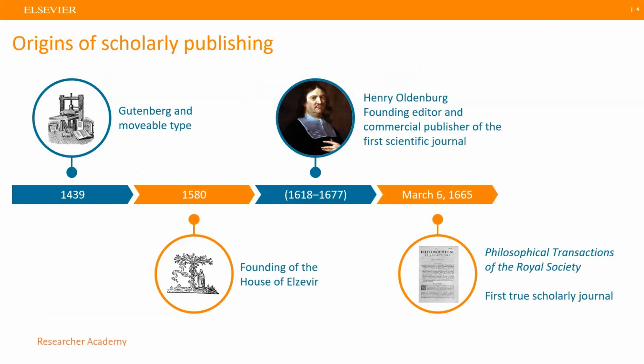And then moving ahead in time to good old Henry Oldenburg, who was actually the founding father of the first scientific research journal, the Philosophical Transactions of the Royal Society. Now, Henry Oldenburg had several things that he had to say about this, and really put together his thoughts and ideas of dissemination and so forth. I will get into that in a brief moment.